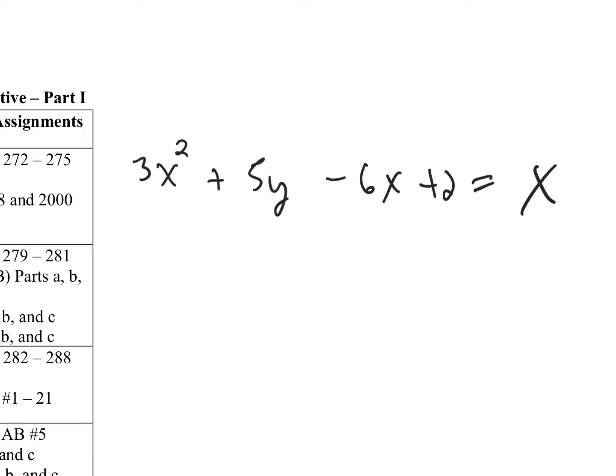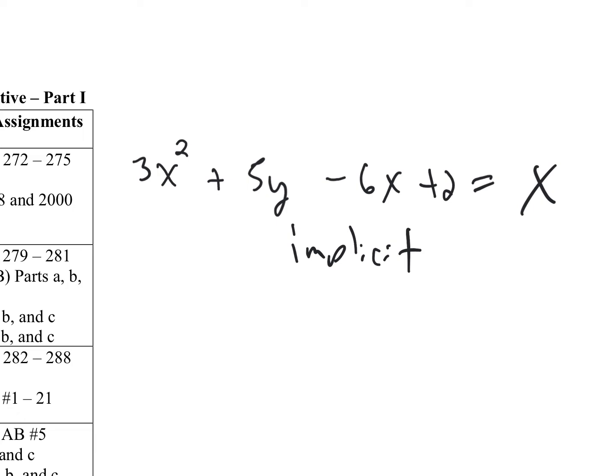At the moment, this function is considered implicit because y is inside the function. It's not solved for y. Now I know what you're saying. You could take 30 seconds of your life and you could solve this for y and then find y prime. That is true.